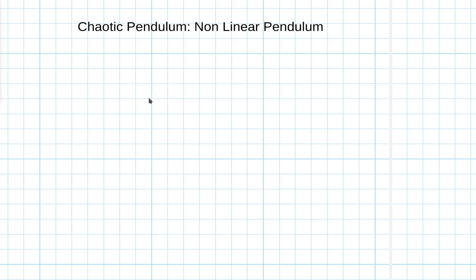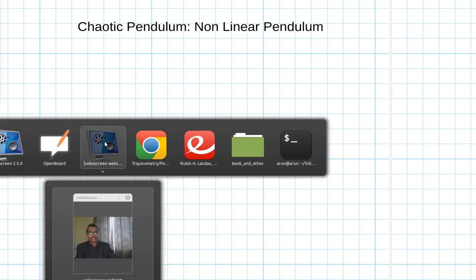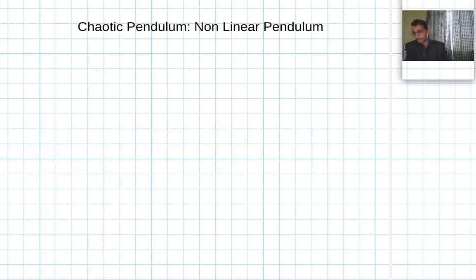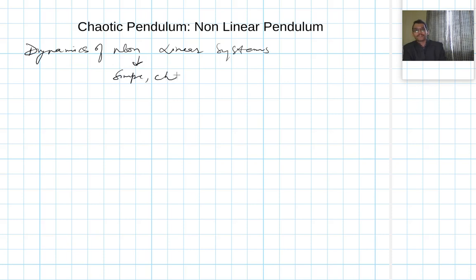As we know, in the earlier lecture I talked about nonlinear systems, or the dynamics of nonlinear systems, and these systems are found to be simple, complex and chaotic.